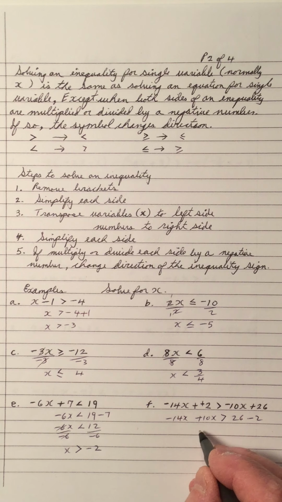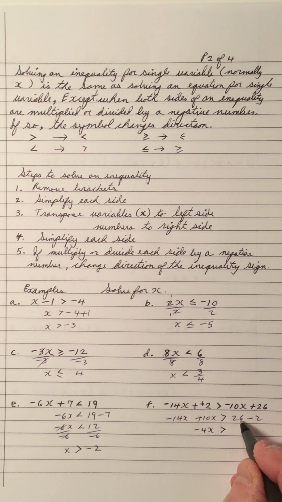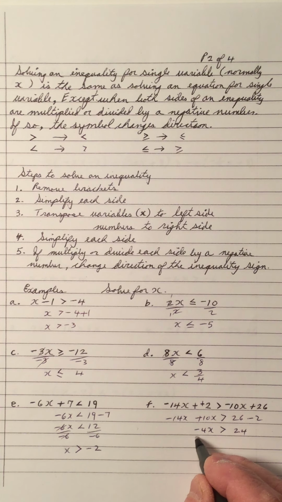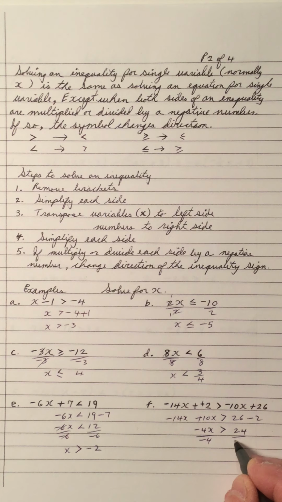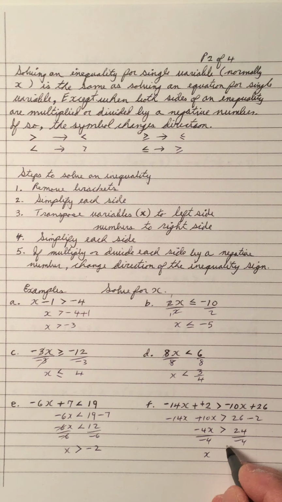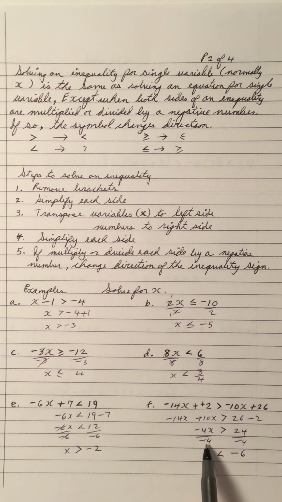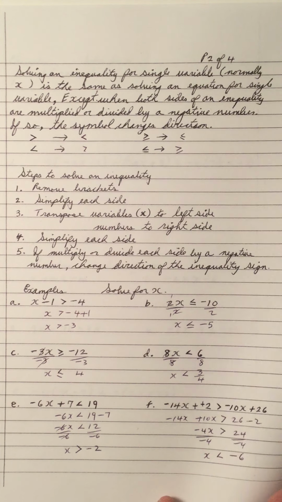Negative 14 plus 10 is negative 4x greater than, and that gives me a 24 when I subtract. I'm dividing both sides by negative 4, and negative divided by negative is positive, so that's a 1x. I'm dividing by a negative, so I make that less than, and that gives me negative 6. Again, when you divide or multiply an inequality by a negative number, you change the direction.